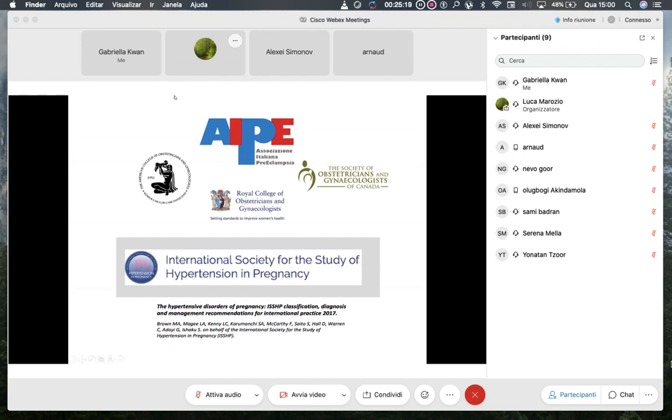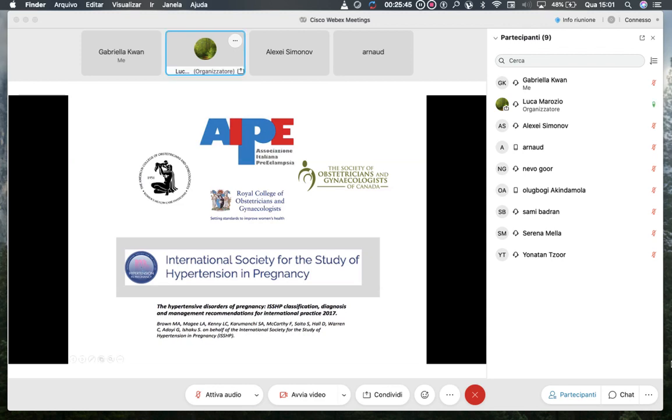These are the societies which usually base guidelines on hypertension in pregnancy. This one is the Italian one. This is the symbol.